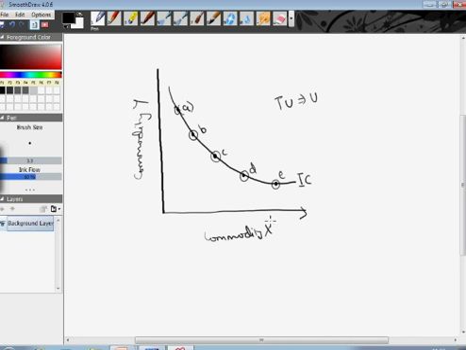Here in our example, the goods which have been used are X and Y, and by using these two goods we have drawn an indifference curve, and at any point on this curve we get the same level of satisfaction, that is U. Therefore, the consumer is indifferent between the combinations which may be located on this indifference curve.